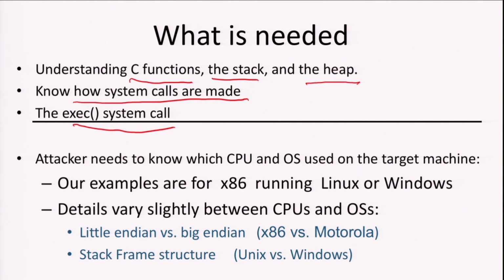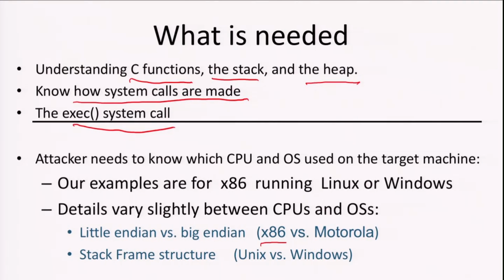Also, the attacker needs to know what CPU and OS is being used on the target machine, and the reason for that is the structure of the stack and how system calls are made, and whether there are already existing defenses and how to circumvent those defenses. Those things depend on what system the exploited program is running on, and there are slight variations between CPUs and OSs.